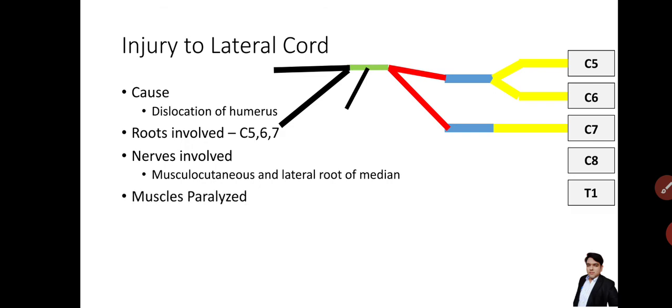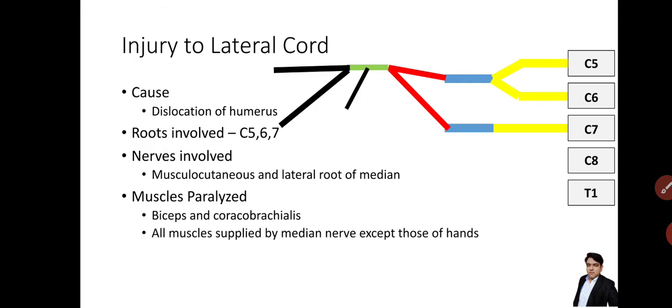Muscles paralyzed: biceps and coracobrachialis, which are supplied by the musculocutaneous nerve, and all muscles supplied by the median nerve except those of the hand. So the median nerve mainly supplies the muscles of the forearm. Deformity and disability: the deformity is a mid-prone forearm.